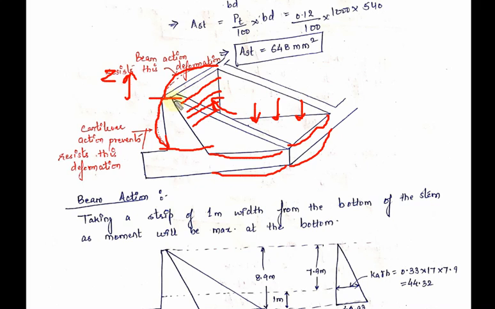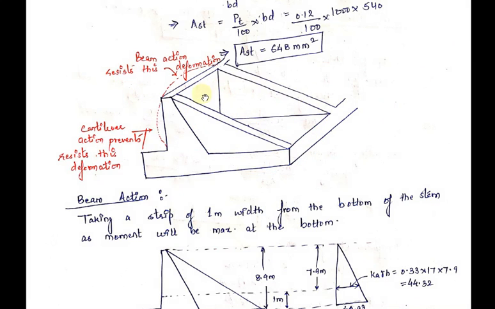So beam action takes place in the y direction, and this beam action is responsible for resisting the deformation in the y direction. In the design of the stem, we will consider these two actions: one is the cantilever action, and the other is the beam action. So now we will see how we will proceed with the design process of the stem.